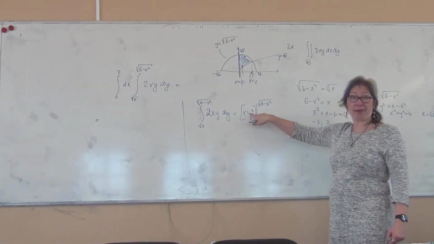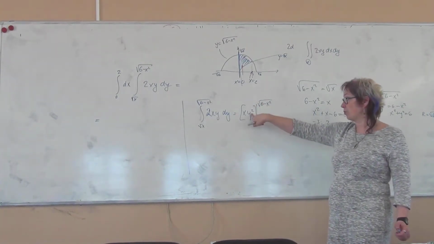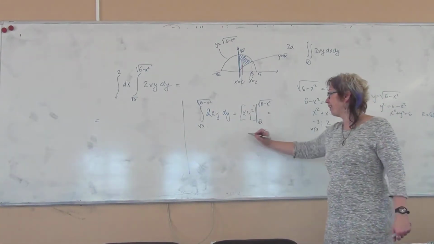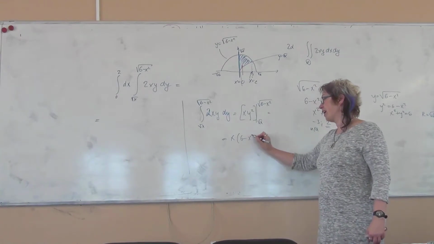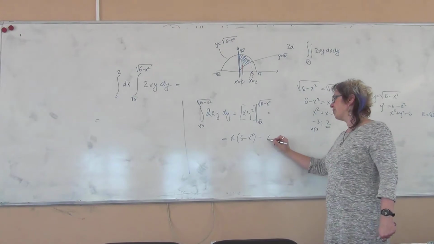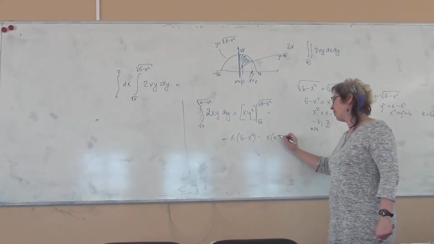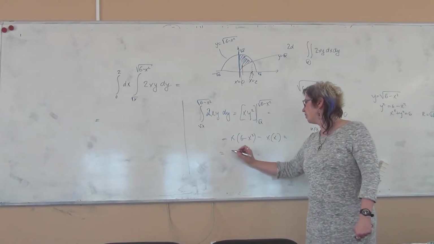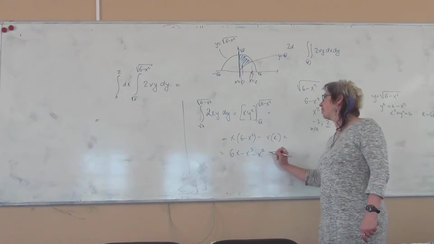Because y is squared here, we are in luck: the square root disappeared. So I have x times 6 minus x squared, that's y squared, minus x times the square of the lower expression, that will be simply x. So we see it's 6x minus x cubed minus x squared.